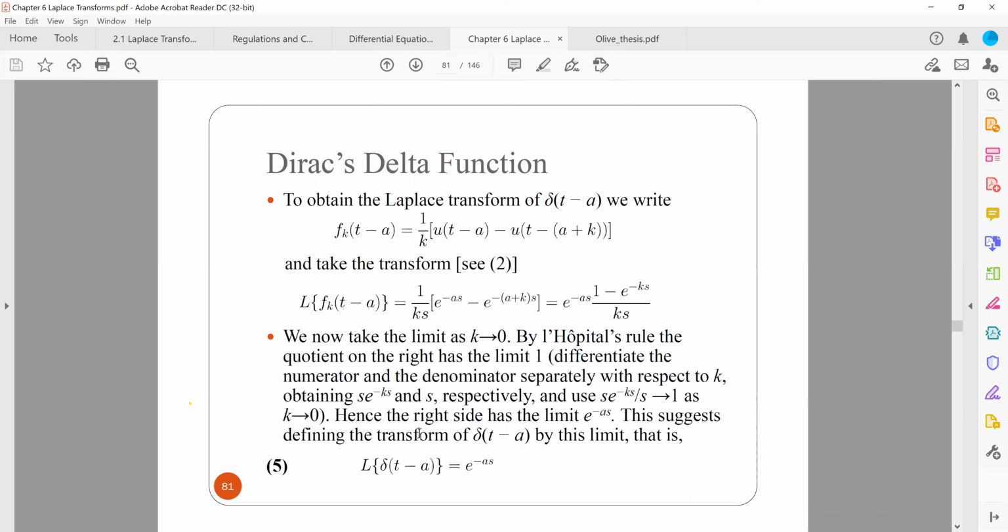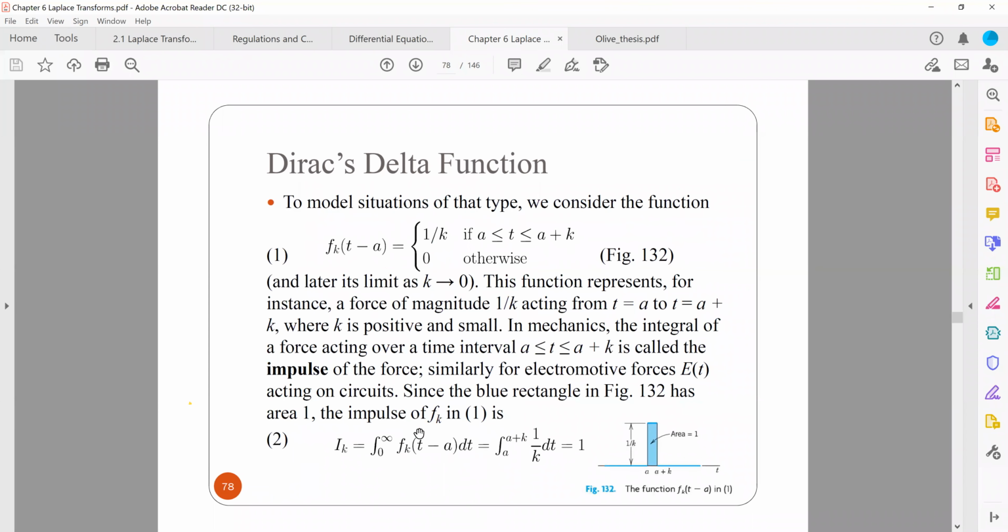We go back to the initial definition, which was 1 over k times u(t minus a), because it's defined from a to a plus k, and then we subtract the unit step function starting at a plus k. Essentially, we have a unit step function starting at a, imagine it going from here to infinity as 1, and then we subtract the function that starts from a plus k.